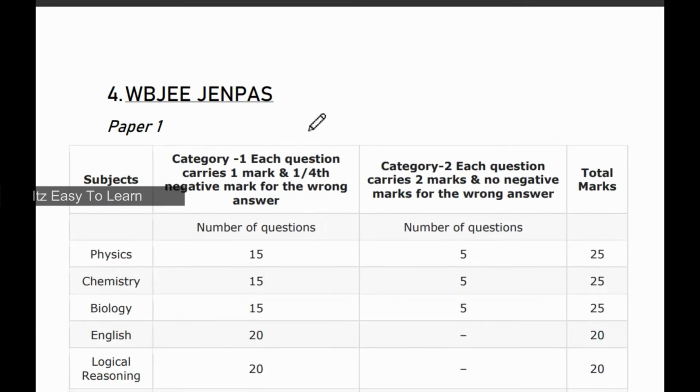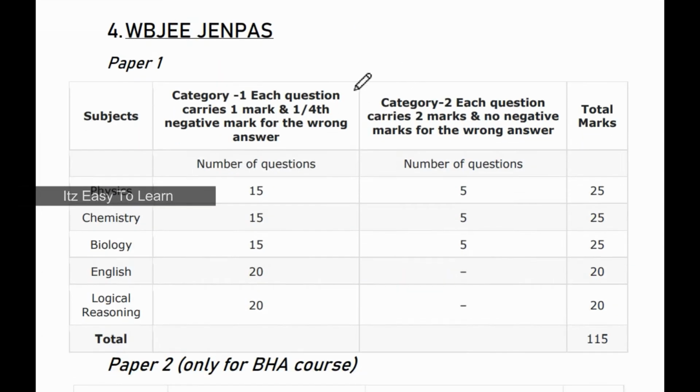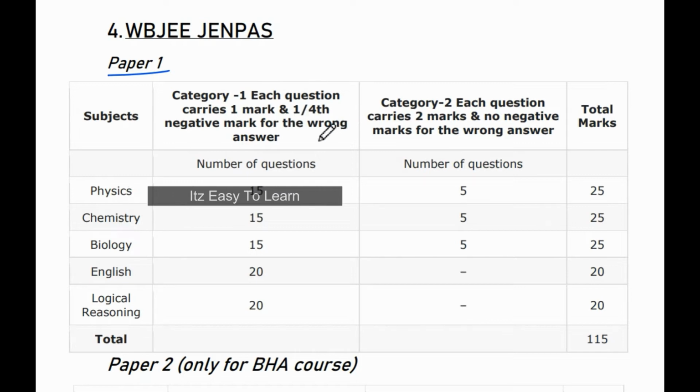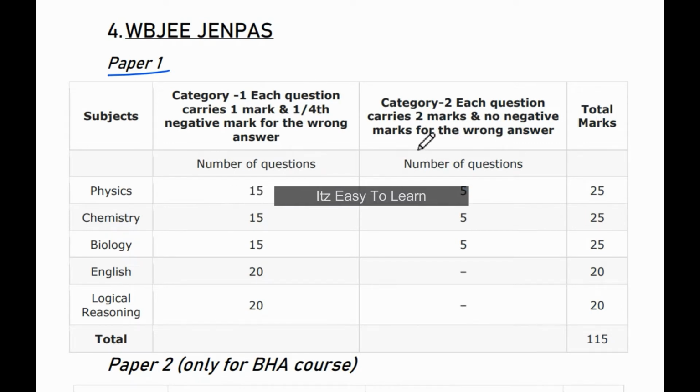Next I am moving to WBJEE JENPAS. For paper 1, that is category 1, each question carries 1 mark and -0.25, that is 1/4, as negative marking. For category 2, each question carries 2 marks and there is no negative marking.